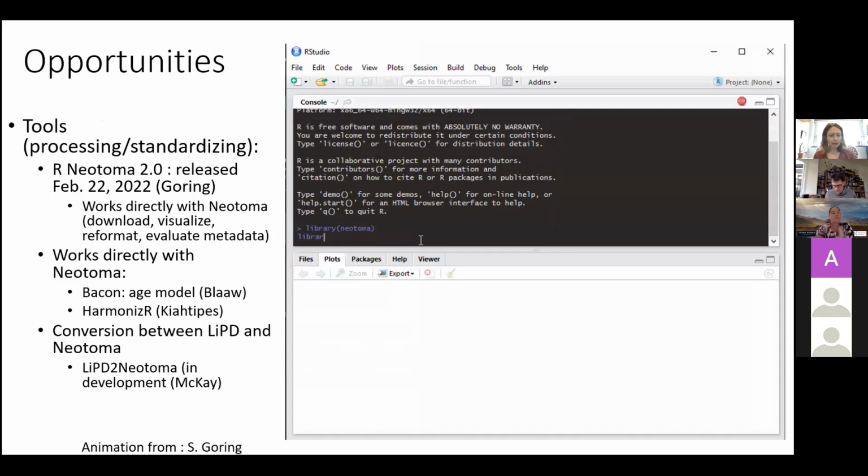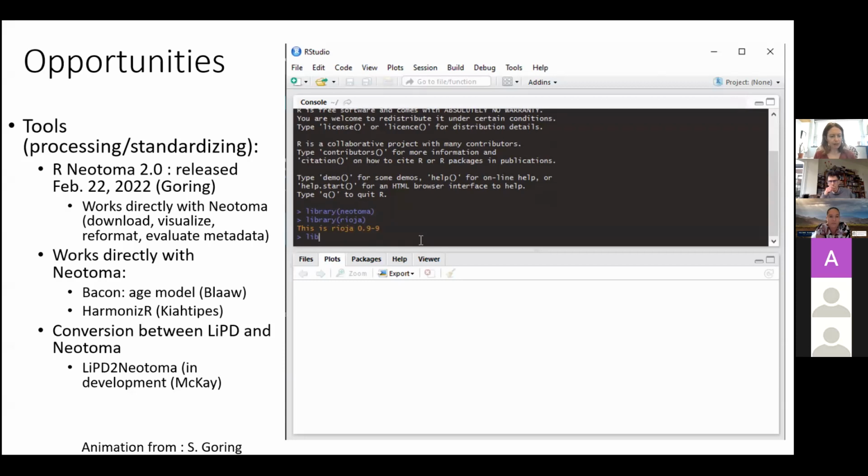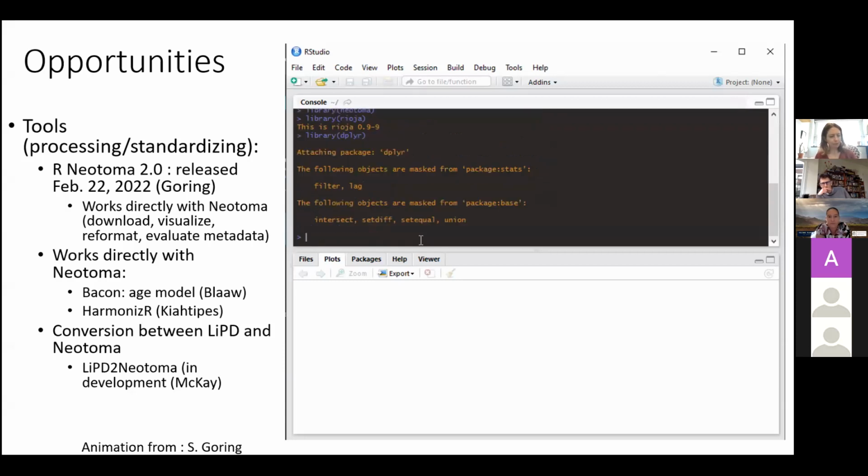I'm not going to go into a lot of detail about the new opportunities for using these data, because I think Lynne and Rob are going to talk about some really good examples. But there are a lot of new tools for processing and standardizing pollen data, including the R-Neotoma 2.0 package, which was just released. There are a lot of packages that allow you to work with Neotoma data directly within R, like Bacon for age modeling, and Harmonizer for harmonizing taxon names.